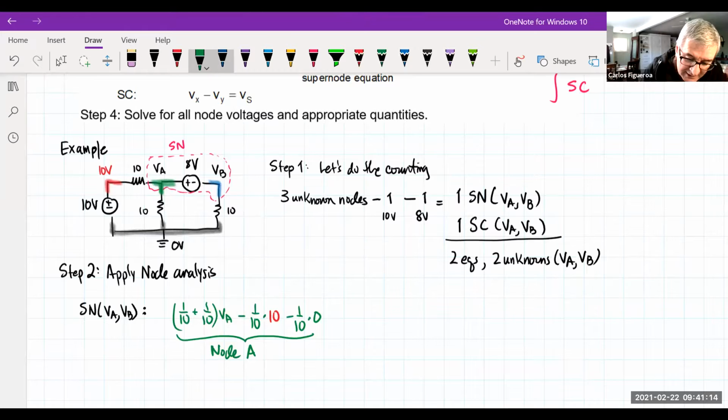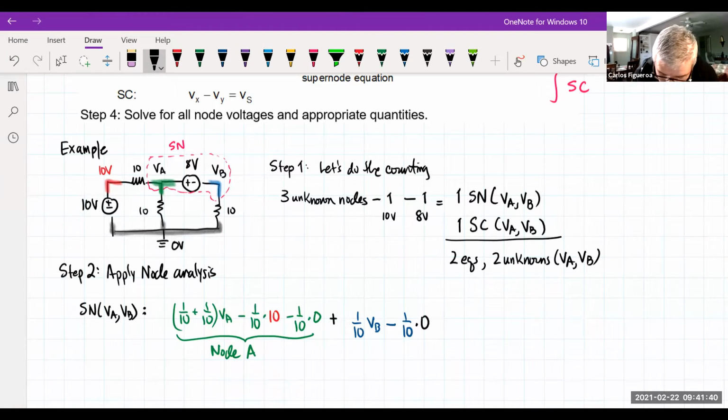And then in the same equation, I have to write the node equation for VB. Because they're connected, now I'm going to focus on VB. How many resistors are connected to B? I have 10. Then I have one mutual, which will be 10 times 0, because that's the ground.